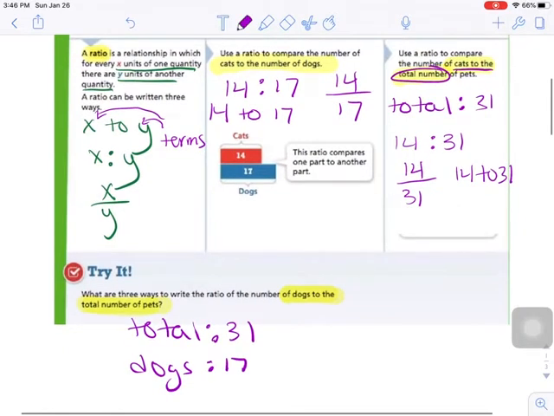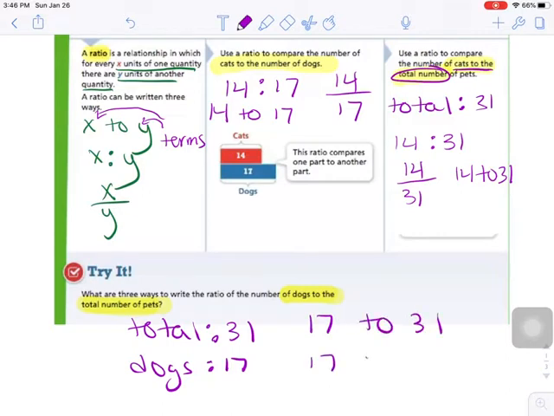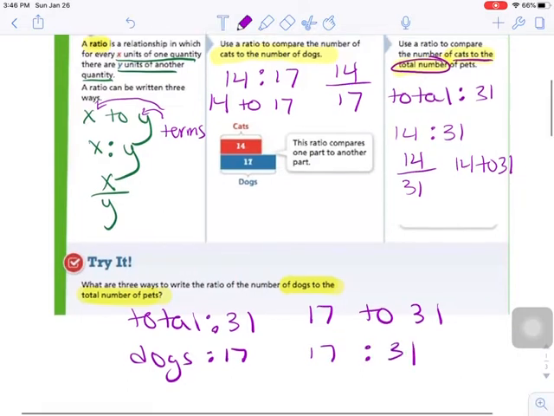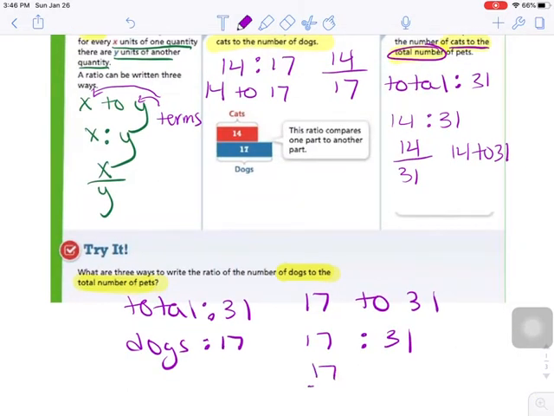If we're saying dogs to pets, we're going to have 17 to 31. I can also write this with my colon, and I can also write this in fraction form, 17 to 31. So for every 17 dogs, there are 31 total pets.